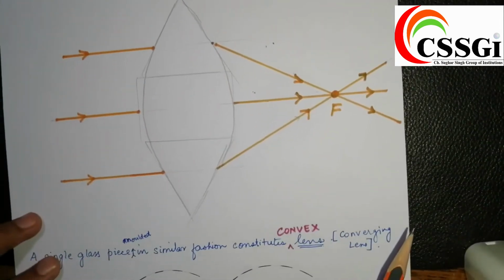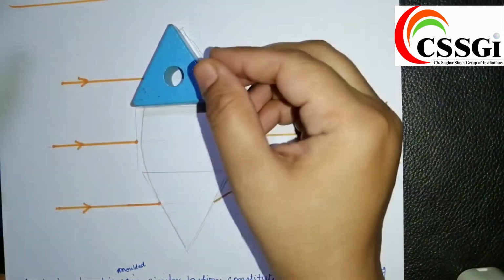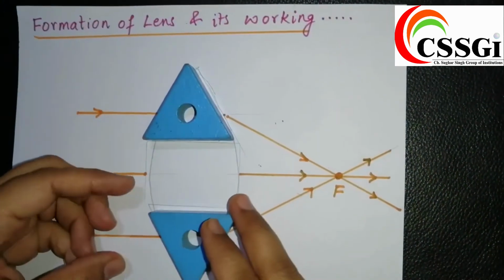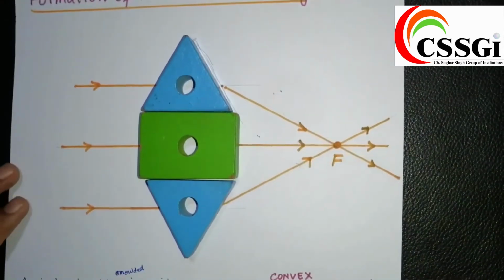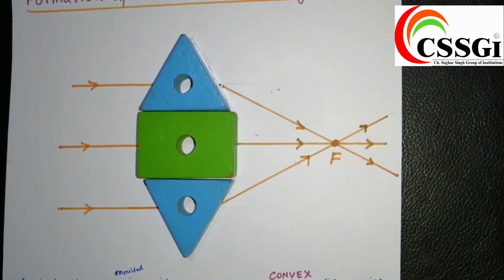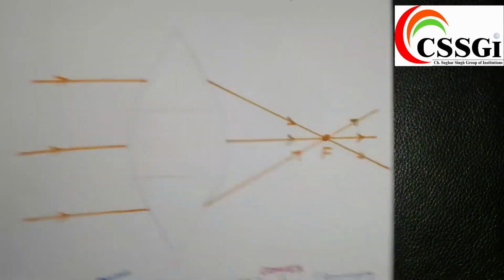Now you might be thinking that for convex lens I have positioned the prism in this way and a rectangular glass slab in this way. But how about concave lens? So that is also very easy and interesting to note.